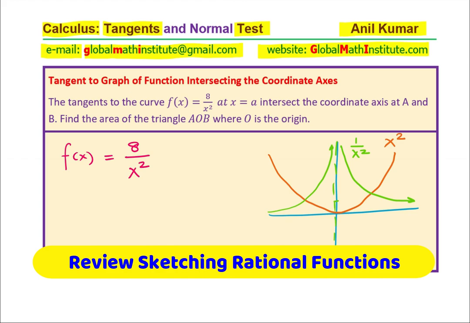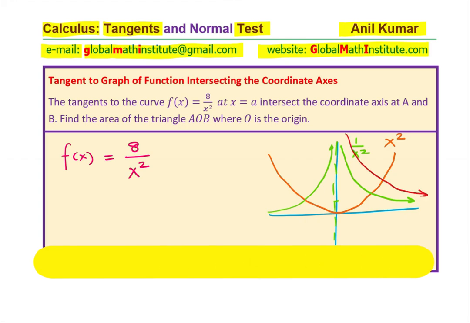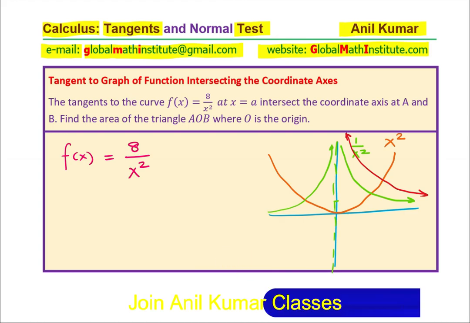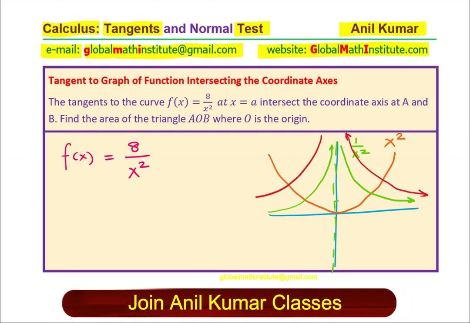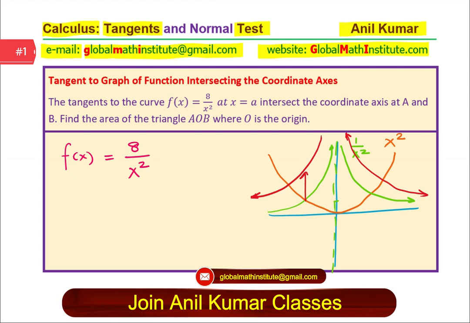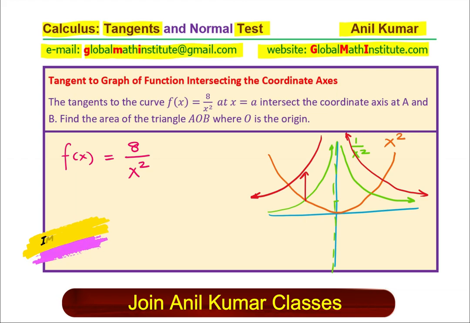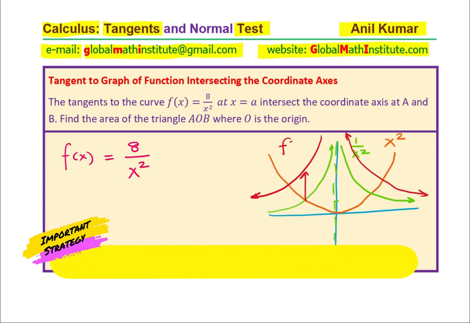It may look something like this. Make sense? So the points here are pushed up 8 times. Perfect. So you have a graph as shown there in red, which is our function. Let me write down here f of x.